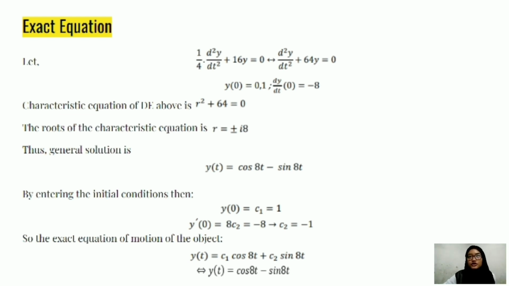Thus, the general solution is y(t) = c1 cos 8t + c2 sin 8t. By entering the initial conditions, y(0) = c1 = 1. So y'(0) = 8c2 = -8, so c2 = -1. So the exact equation of motion of the object is y(t) = c1 cos 8t + c2 sin 8t. Therefore, y(t) = cos 8t - sin 8t.